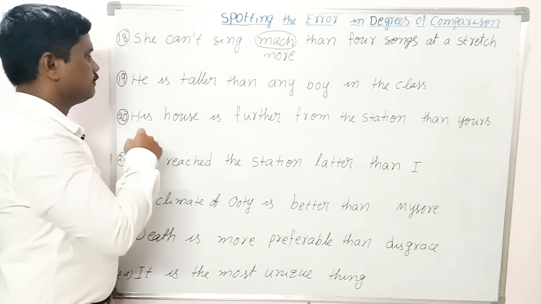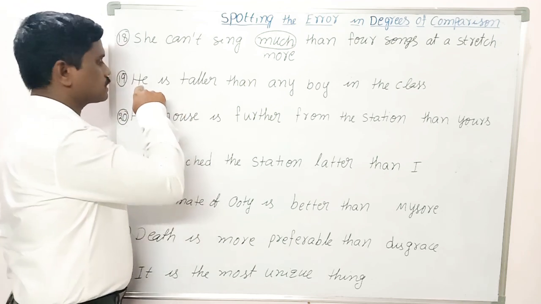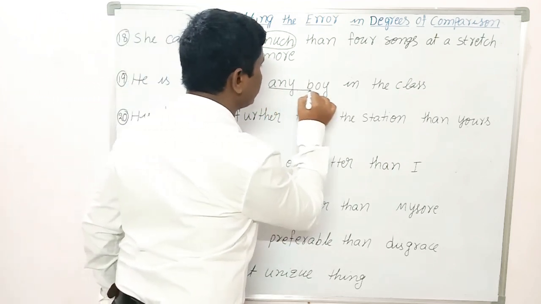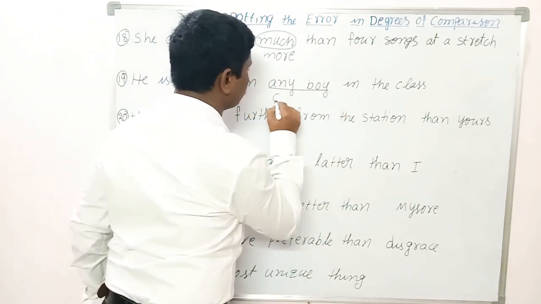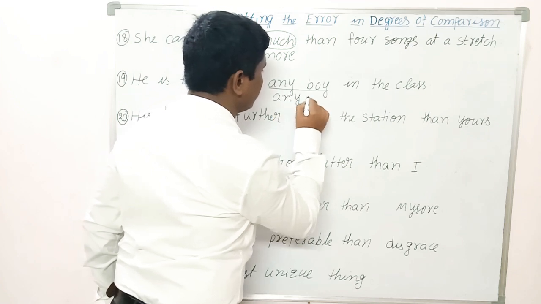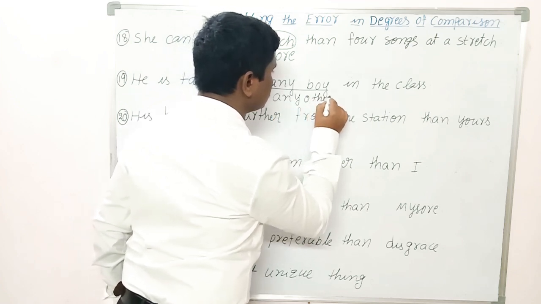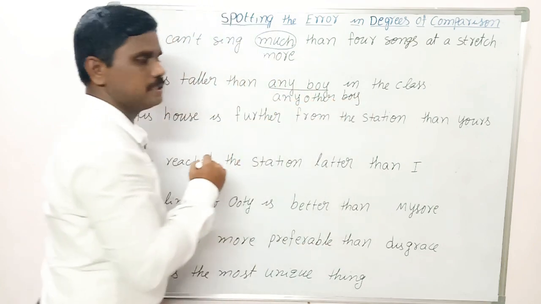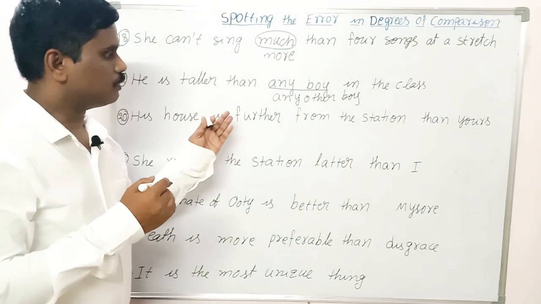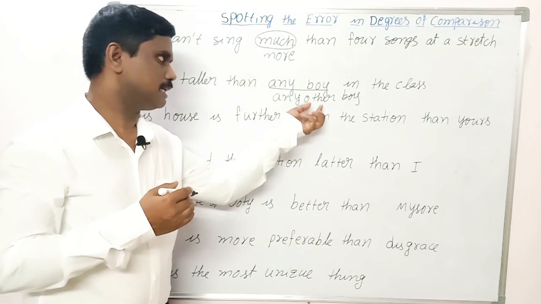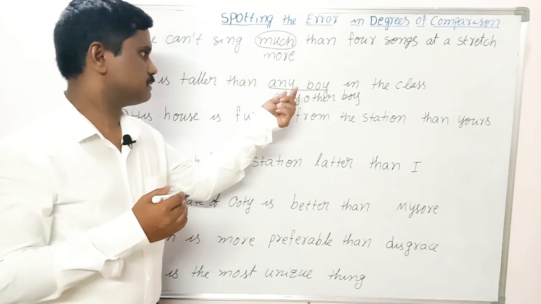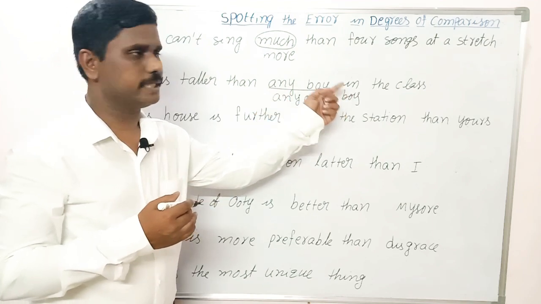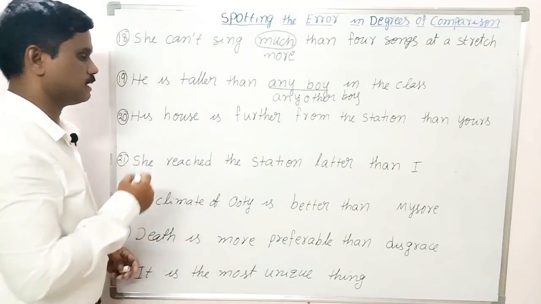When we want to exclude this person, we use other. After than we use any other boy. Generally we use any other, many other, most other, some other, other compulsory. That is why here any boy is wrong; any other boy in the class is the correct answer.